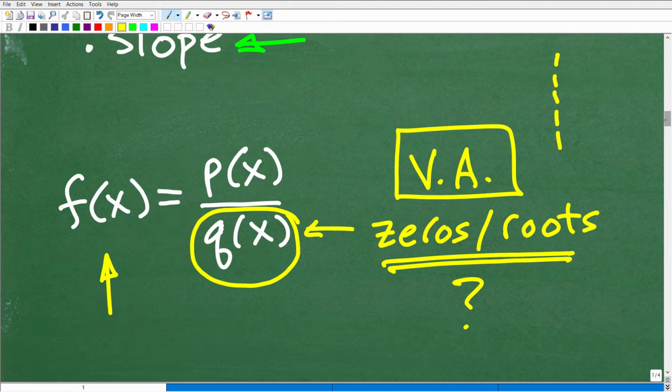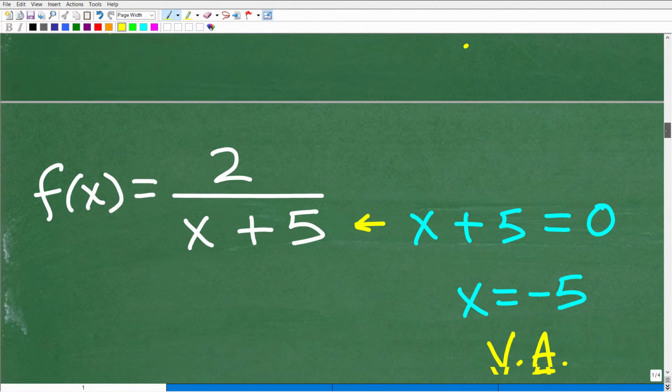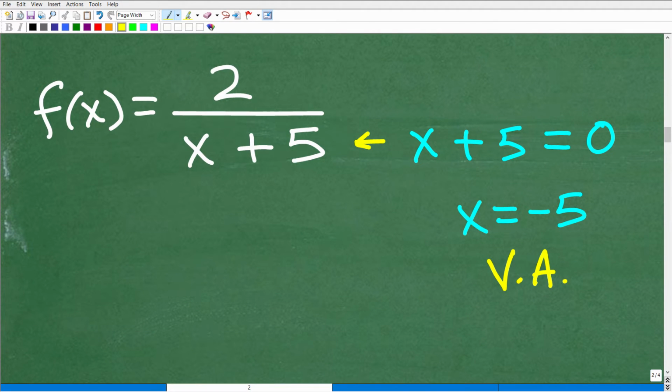Well, in practical terms, all that means is to take the denominator function, in this case x plus 5, and we want to solve for x. That's finding the roots or zeros, or just solving for x. So that's pretty easy. We take x plus 5 and set it equal to 0.